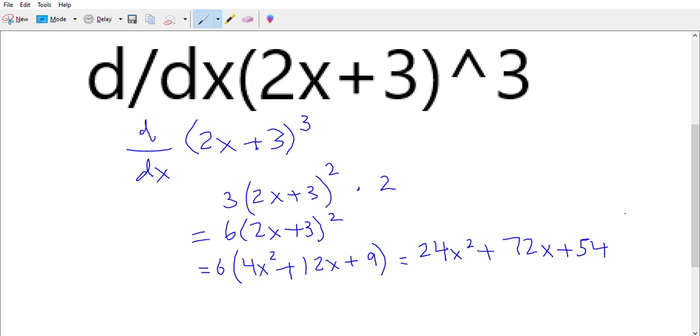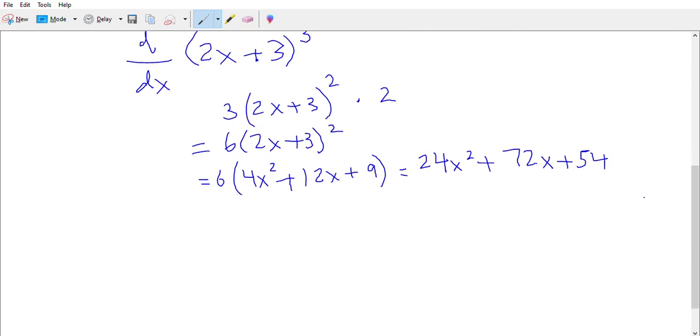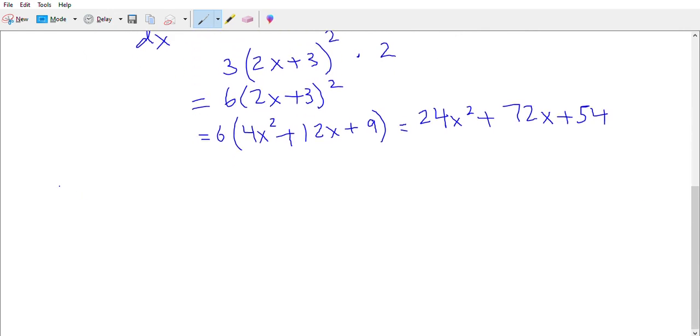But what if you don't want to use a chain rule, or what if it wasn't known? Then the derivative becomes a bit harder. So I will write it down here. So now this is the equivalent of saying 2x plus 3 squared times 2x plus 3.